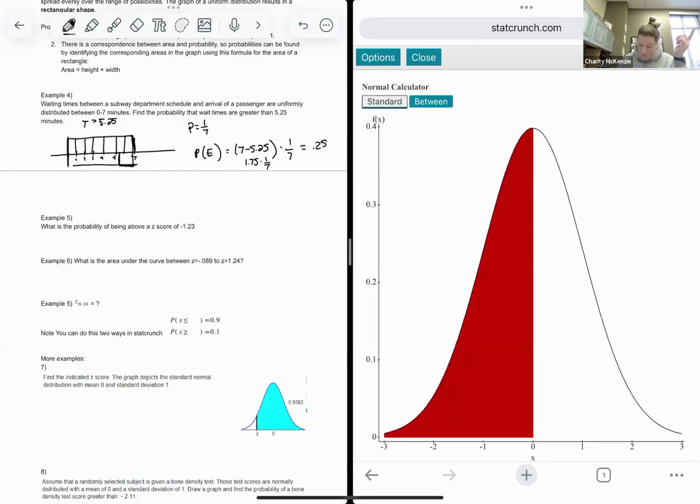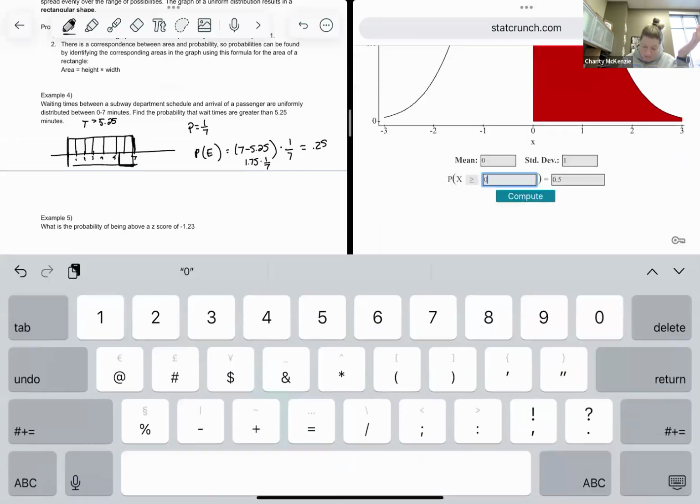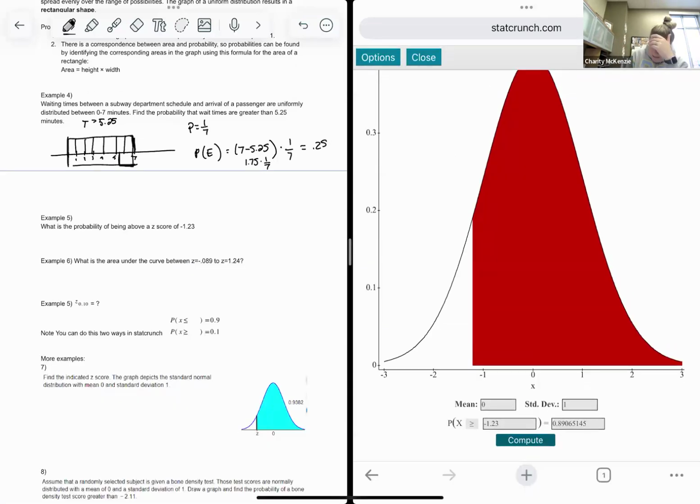I'm going to go to normal, and it already comes up with the 0 and 1, and we want above, so greater than negative 1.23. Remember, the x is going to be the z. I'm going to hit compute, and I get 0.8907.